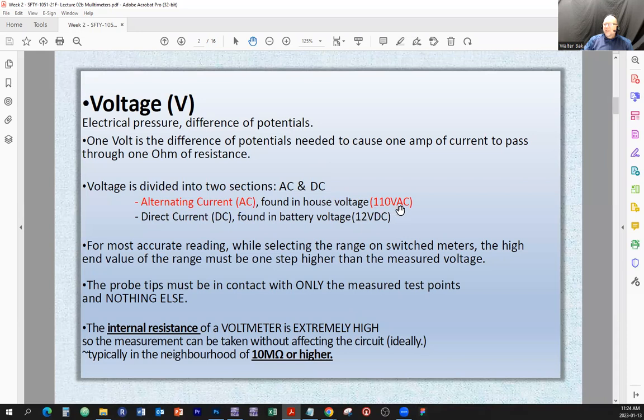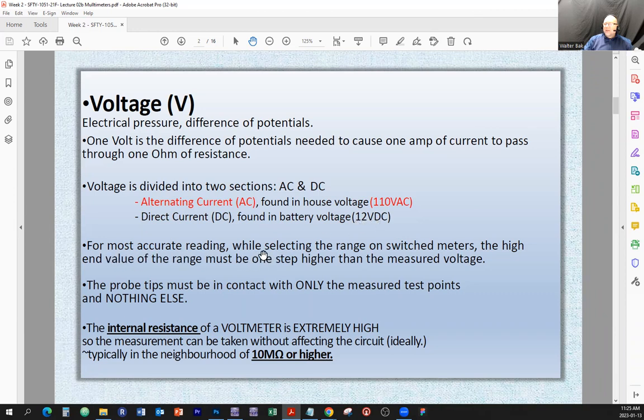We have 110 or 120 volts AC in our wall outlet in North America. In Europe and India and maybe China and some other parts of the world, you have 220 volts AC. Direct current is found in a battery, like for example a car battery, which would have 12 volts DC.